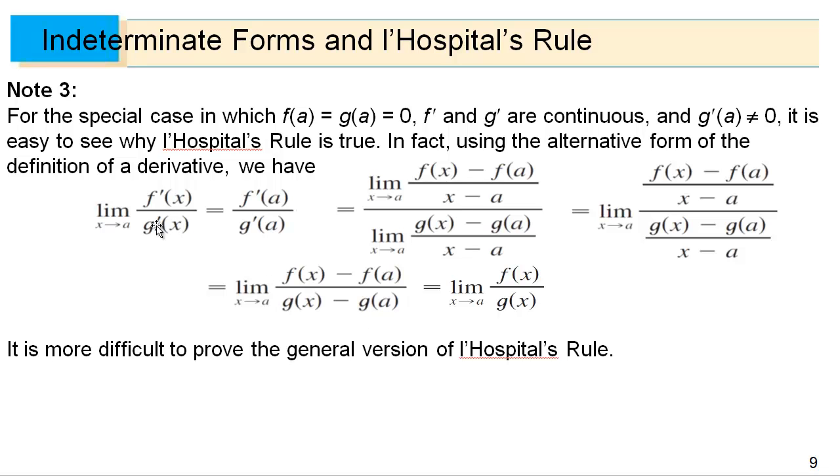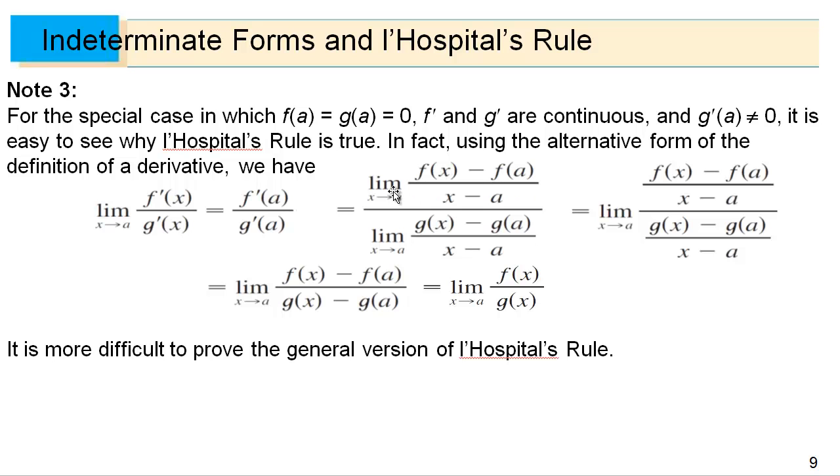Okay, so looking at the derivatives, we're going to look at the limit as x approaches a of the two derivatives, and we're going to try and prove that that's the same thing as the limit as x approaches a of just the original two functions, f over g. Well, the first thing you do when you're taking a limit is you plug in a. Well, the definition of f prime of a is, remember the difference rule?